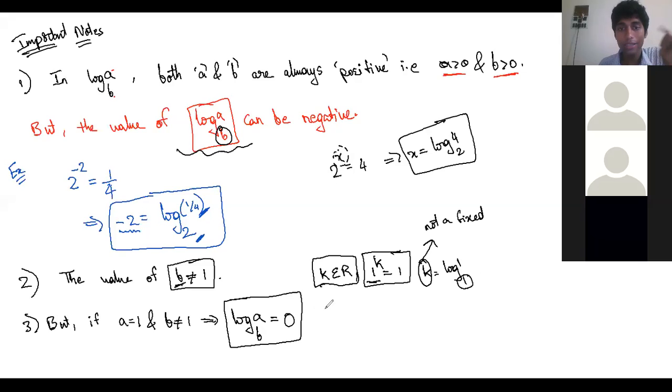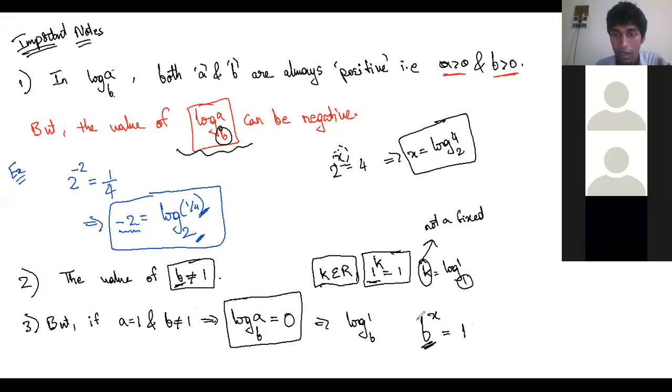See, what is the understanding? If a is equal to 1, then this is log of 1 to the base b. We want to find the exponent of b. We want to find x such that b power x is equal to 1, for any positive real number b.